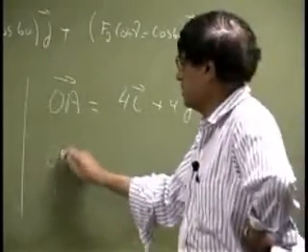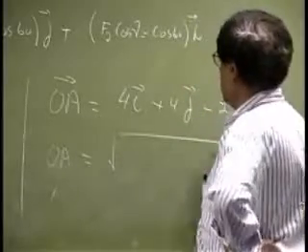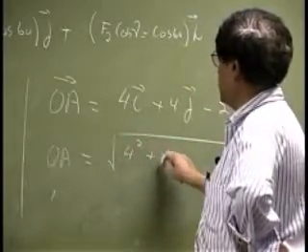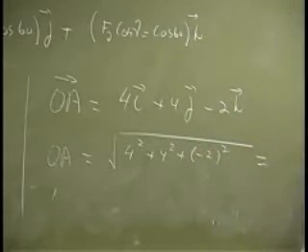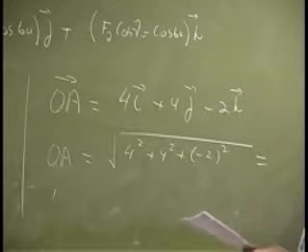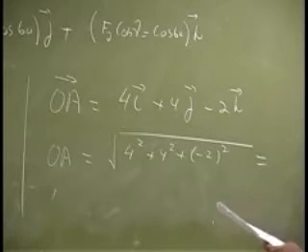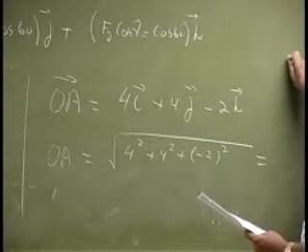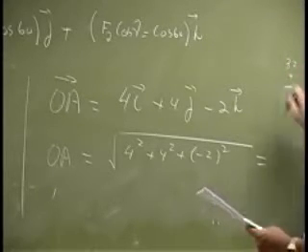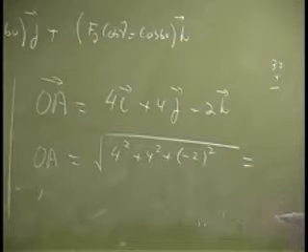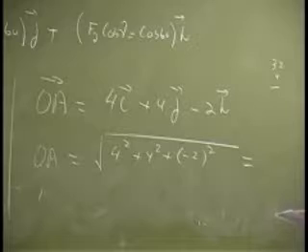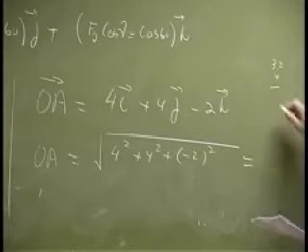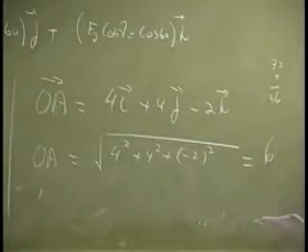Then its length will be the square root of 4 squared plus 4 squared plus -2 squared. So we got 32 plus 4, that's 36, so that would be 6.